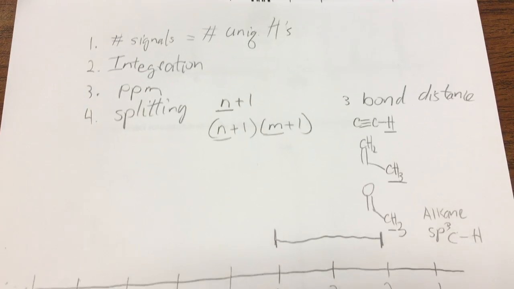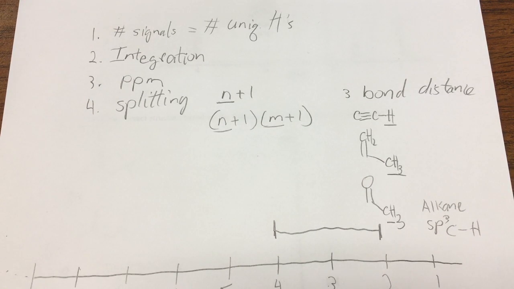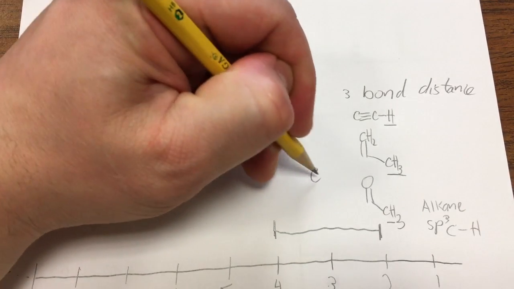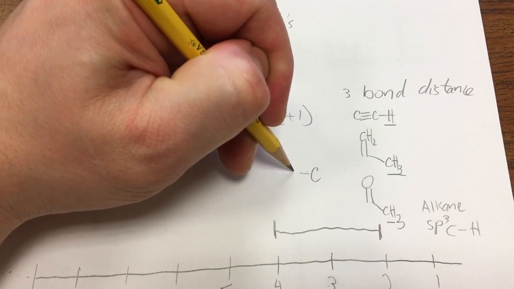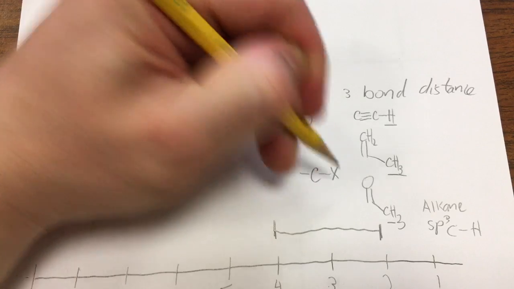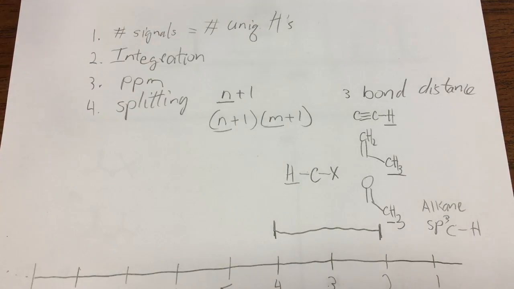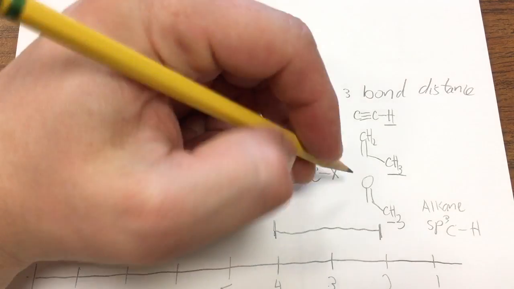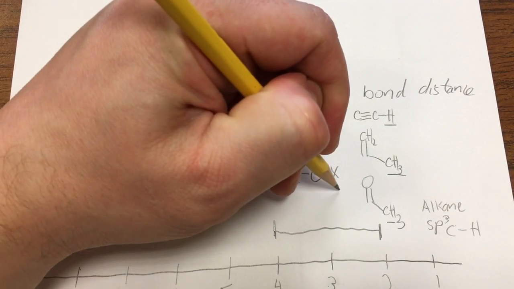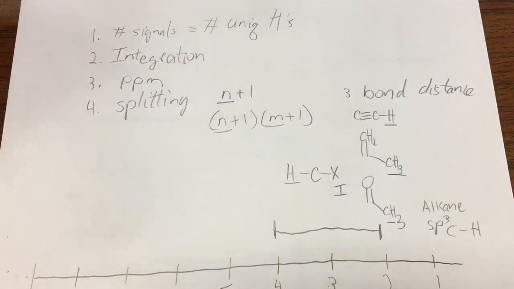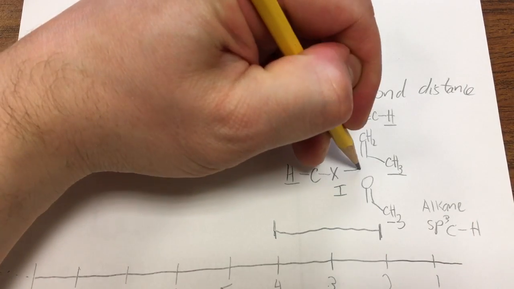And then we're going to have various hydrogens that are attached to something that has an X of some sort. This hydrogen that's attached to a carbon that's attached to an X can be any kind of X. In the weaker sense, an iodide would be on the lower range, that would be this way.